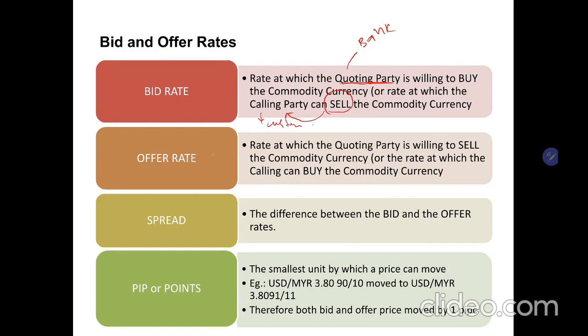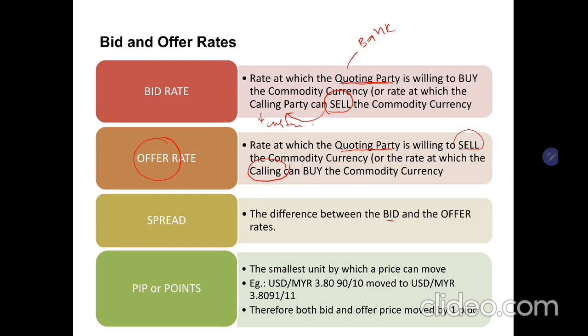While the offer rate is the rate at which the quoting party, which is the bank, is willing to sell the commodity currency, while the calling party can buy the commodity currency. Meaning selling rate to the quoting party, while buying rate to the calling party.